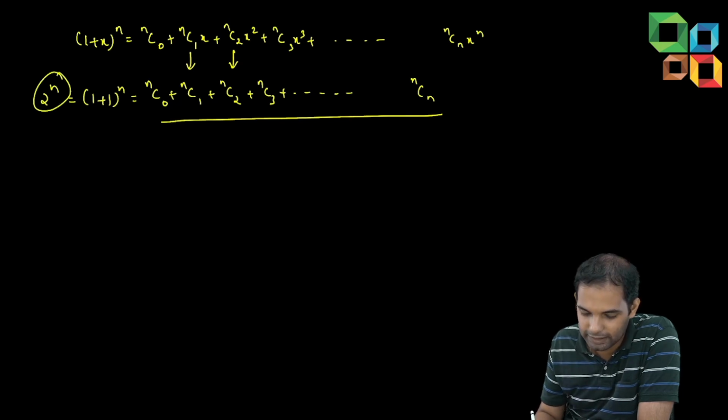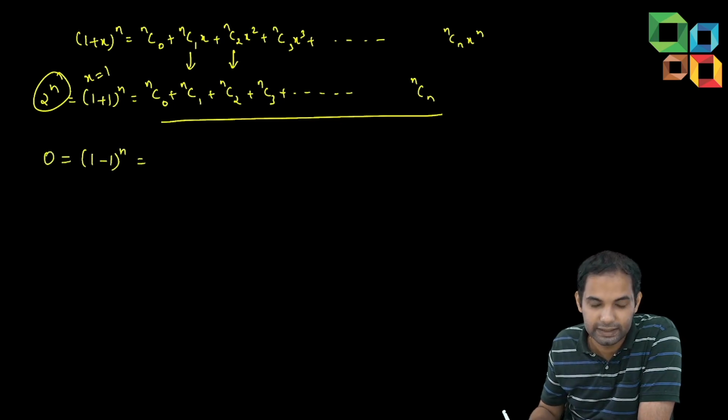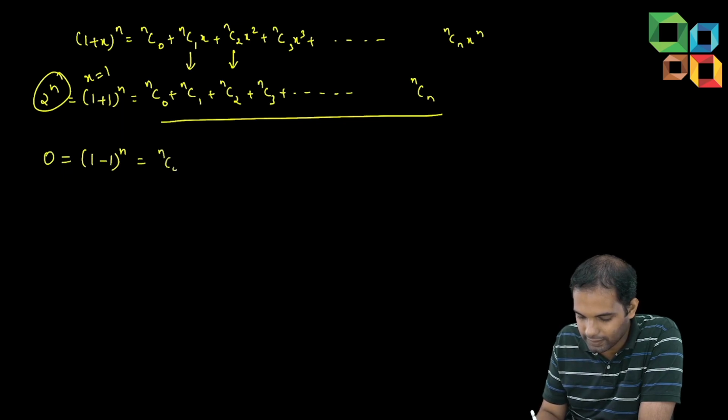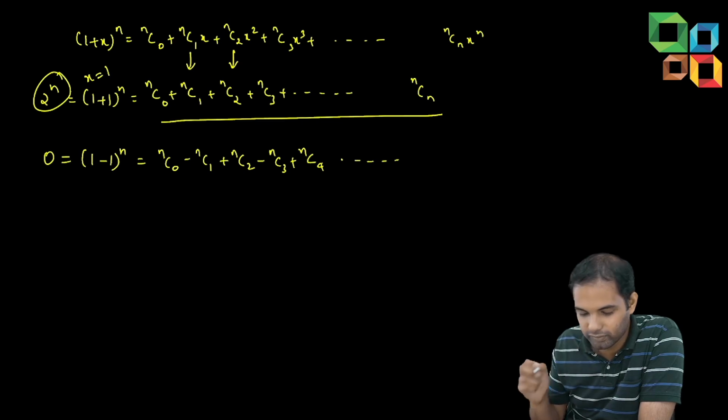Okay. Similarly, look at this, one more result. Instead of x equal to 1, here what we did is put x equal to minus 1. What are you going to get? This side is 0. Other side, nC0 minus nC1 plus nC2 minus nC3 plus nC4, so on, continues. nCn, do we know the sign?